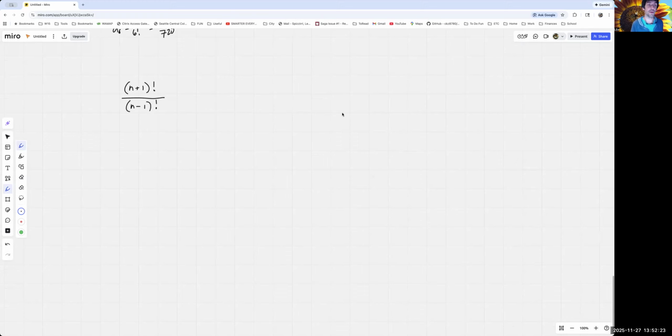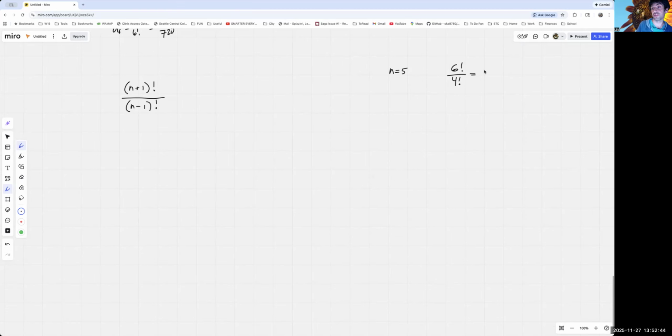But let's think about what this is. Let's just do an example off to the side. If n is equal to 5, what we have is n plus 1 factorial, 6 factorial, over n minus 1 factorial, 4 factorial, right? Now, we can multiply those out. We just did 6 factorial is 720 and 4 factorial is 24, and then we could divide.